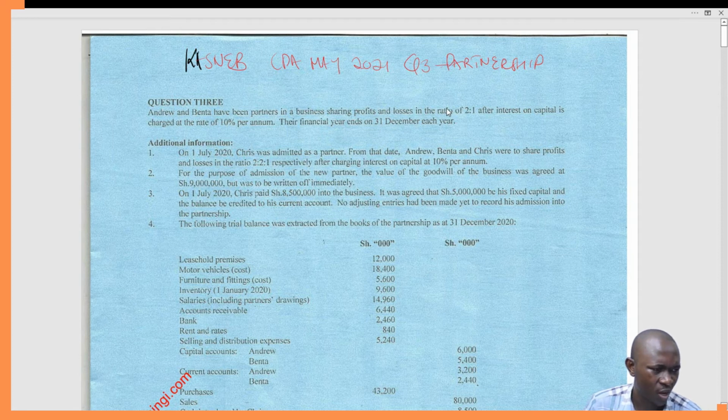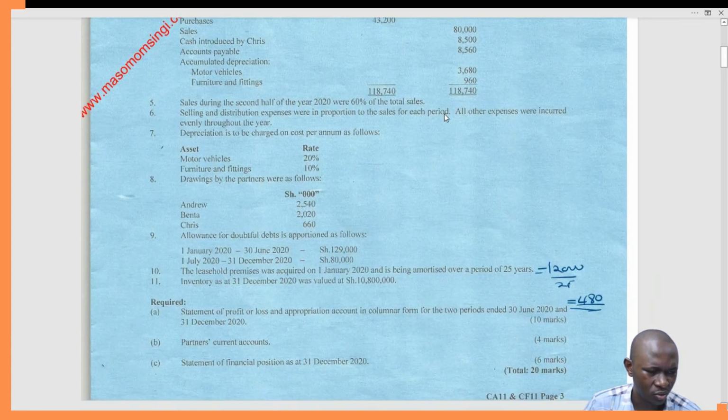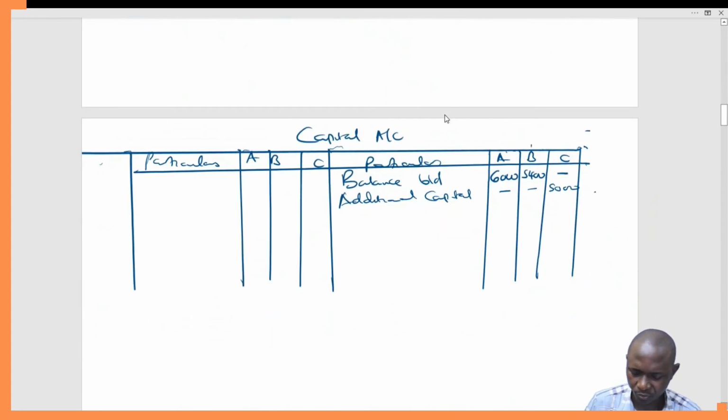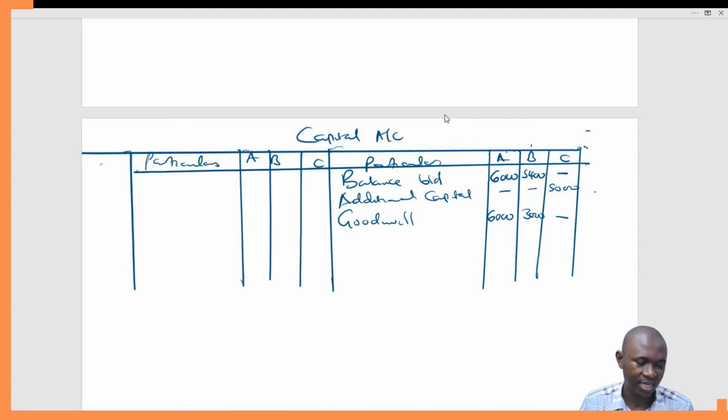So if it's 2:1 and it's 9 million, because this is an addition to their wealth, A will get 6,000 and B will get 3,000 and C nothing. This we have created, so they are going to share the gains in their profit loss sharing ratio.